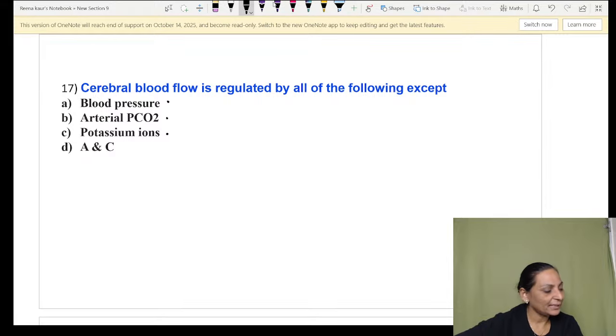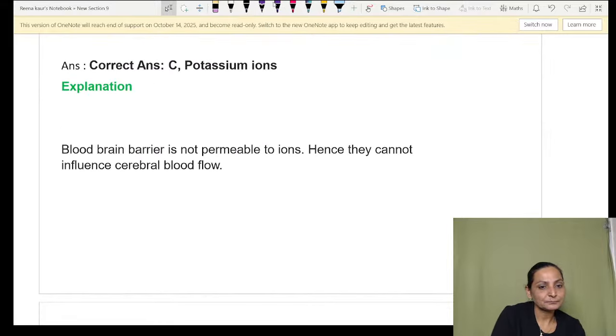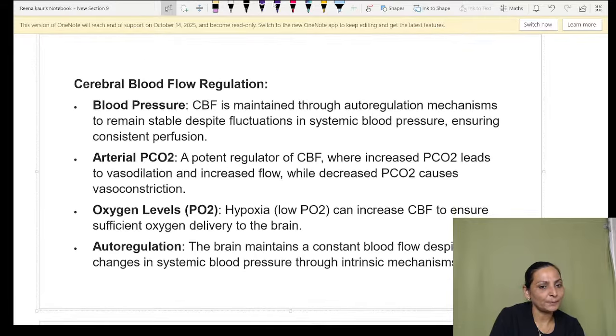So the correct answer is that it is not regulated by potassium ions. The main reason is that the blood-brain barrier is not very freely permeable to potassium ions and therefore they do not influence the cerebral blood flow.